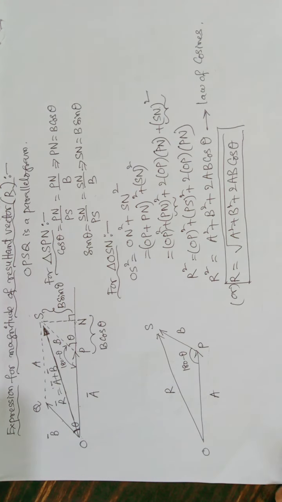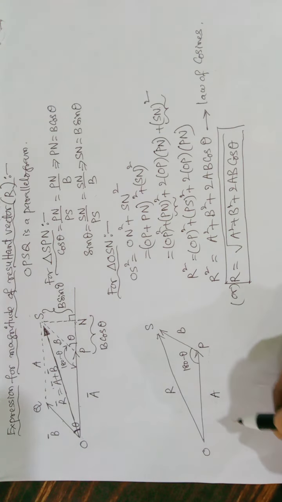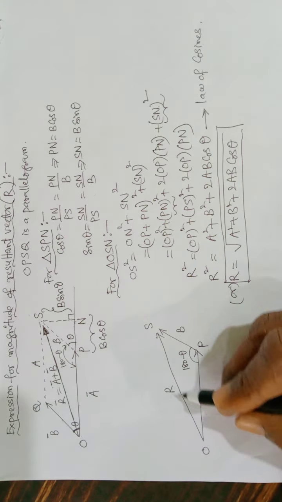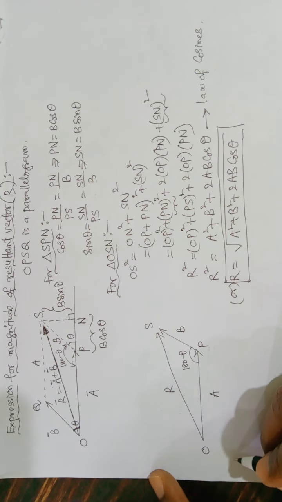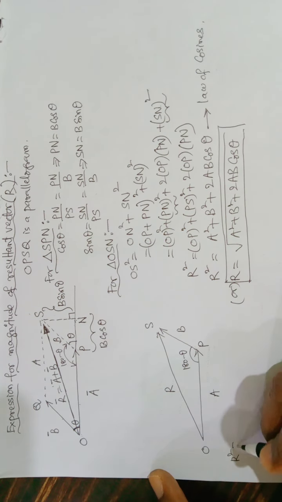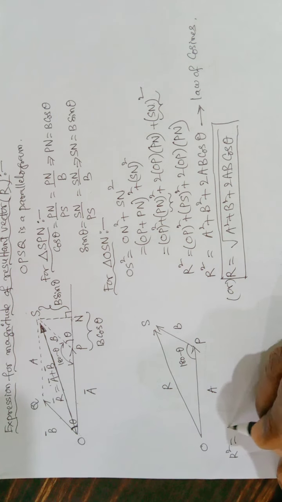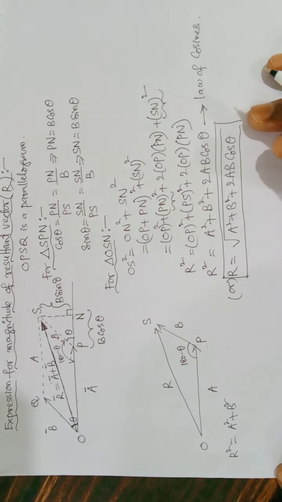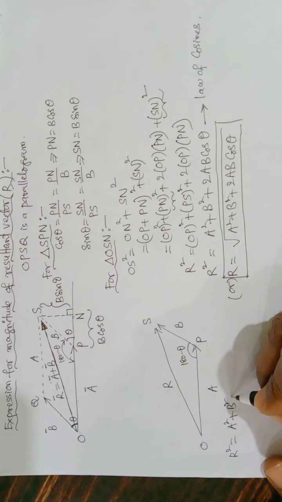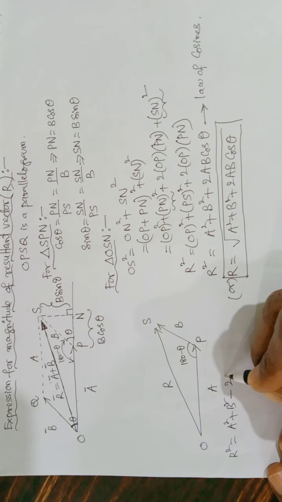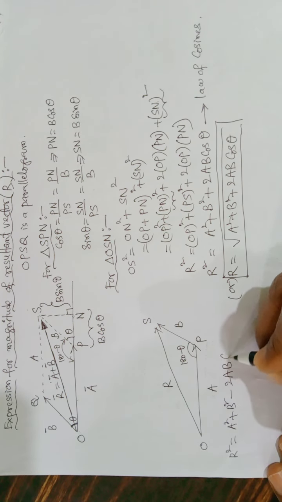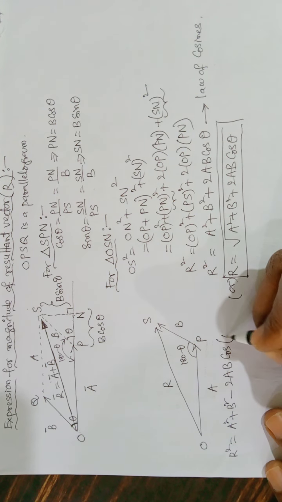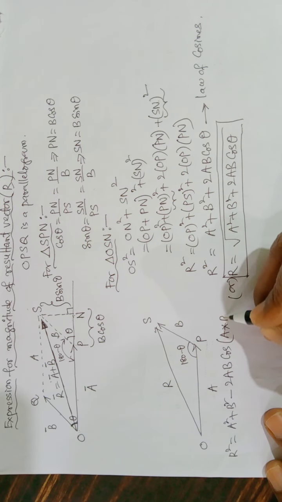And see now the relation. According to the law of cosines, r square is equal to a square plus b square minus 2ab cos of the angle between a side and b side.